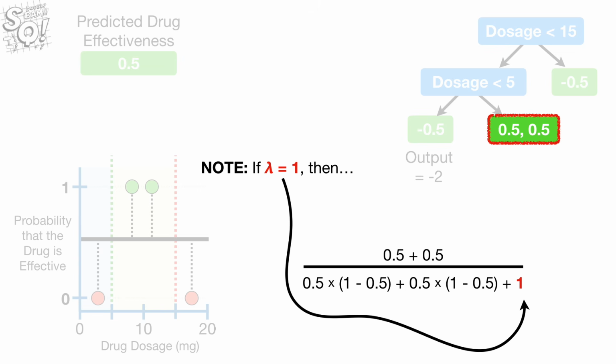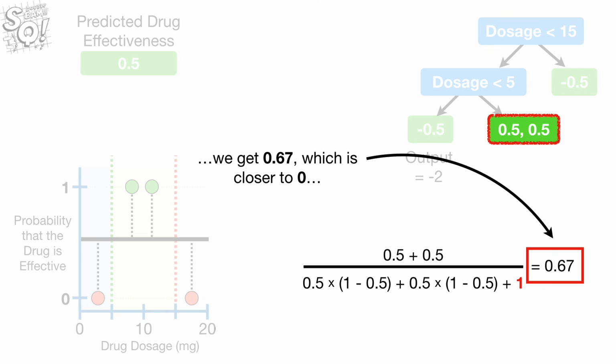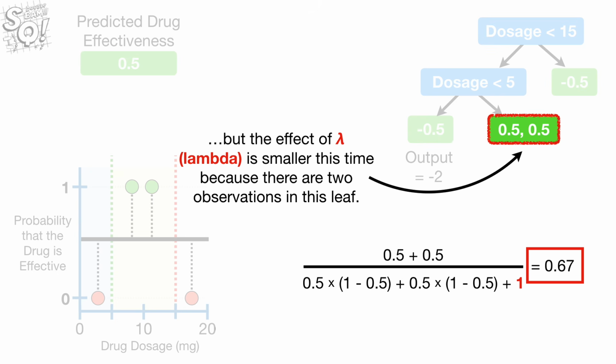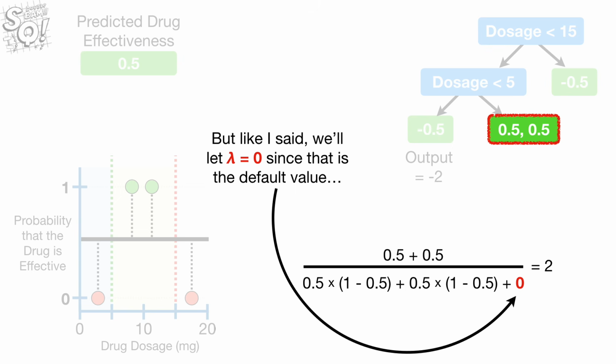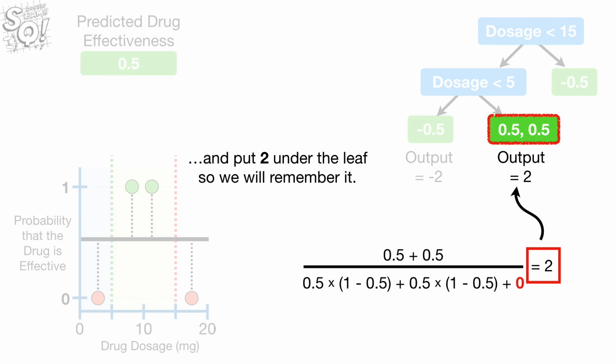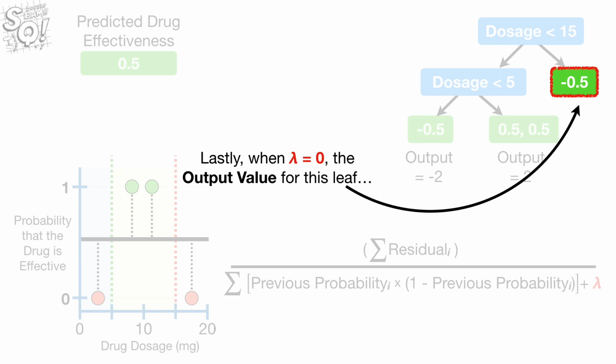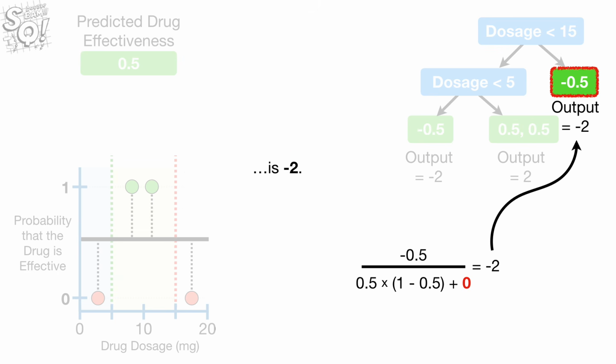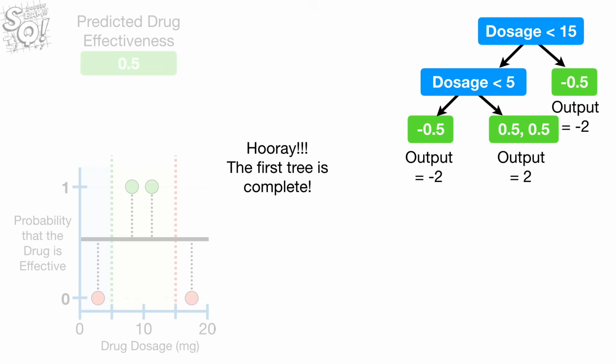Note, if lambda equals 1, then we get 0.67, which is closer to 0, but the effect of lambda is smaller this time because there are 2 observations in this leaf. But like I said, we'll let lambda equal 0 since that is the default value, and put 2 under the leaf so we will remember it. Lastly, when lambda equals 0, the output value for this leaf is negative 2. Hooray! The first tree is complete.